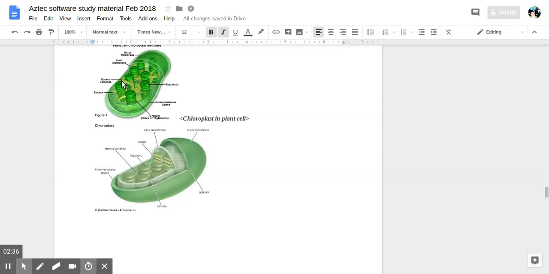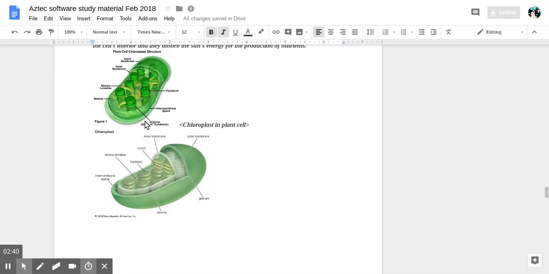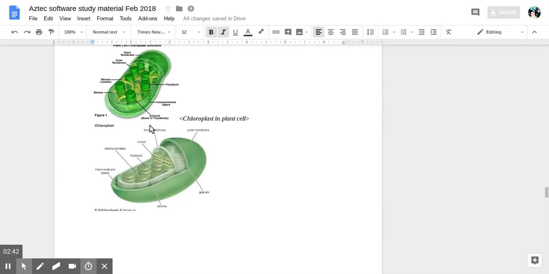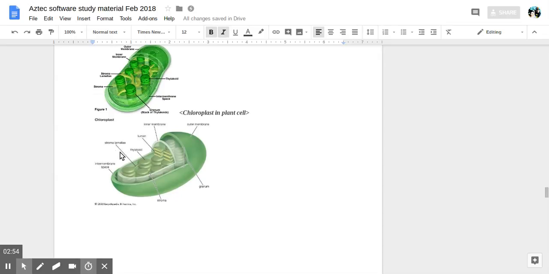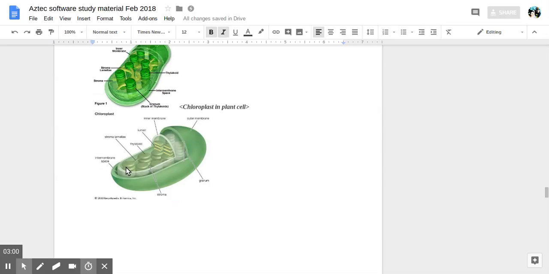Stroma lamellae. Stroma. So there's a lot of parts inside the chloroplast. Pretty cool. Lumen, inner membrane, outer membrane, granum, thylakoid, stroma, lamellae. I had to sometimes squish these pictures to make them smaller because of saving space.